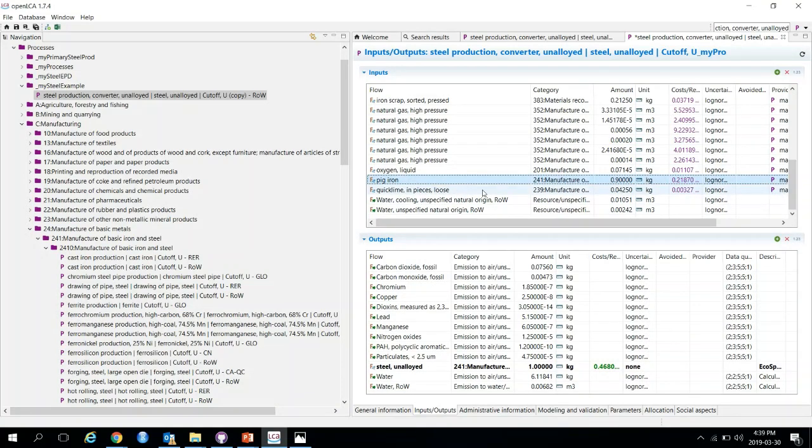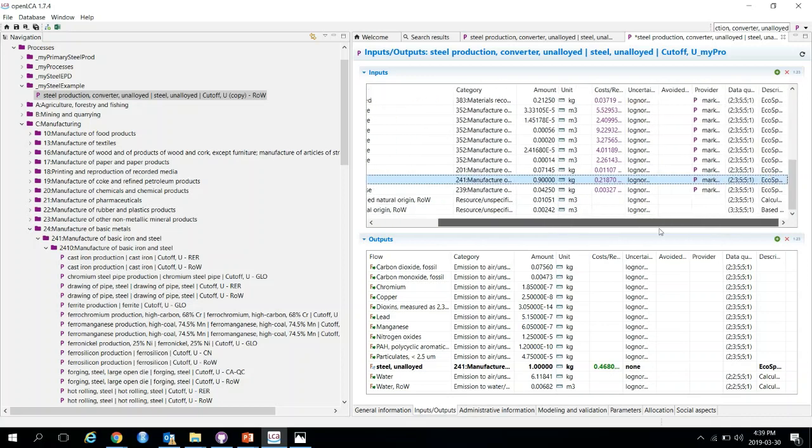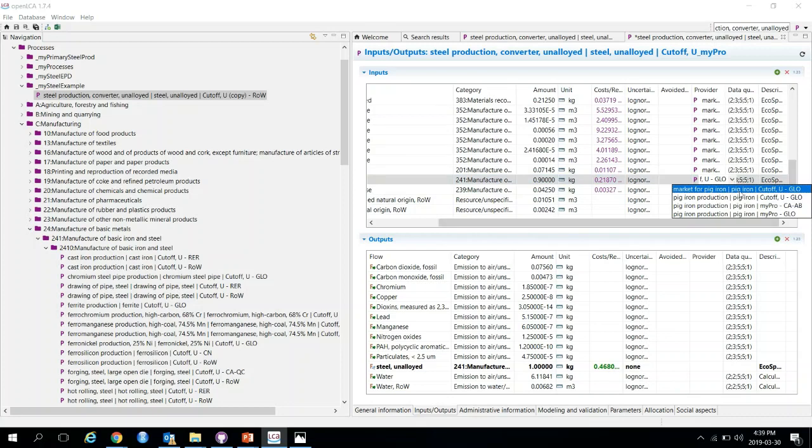Okay, here it is, pig iron. Now if we just wanted to stop here and simply assume a direct supplier, we could easily do that. This was a process I created earlier, but we want to create our own process for it.